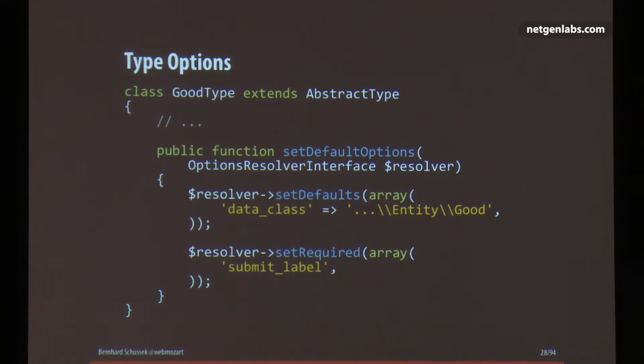For example, you can validate that the submit label option must be a string, or that data class must contain an existing class name, something like that. Okay? So that's setDefaultOptions. And here we see we can at the same time override existing options and specify our custom options using this options resolver.